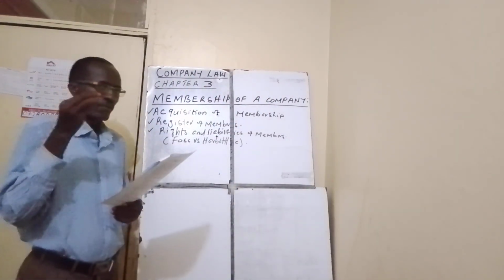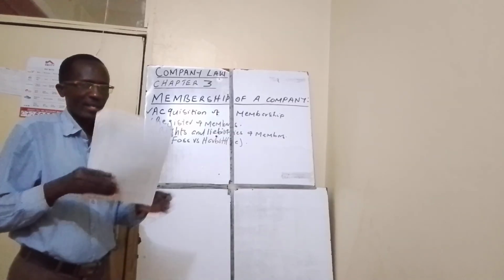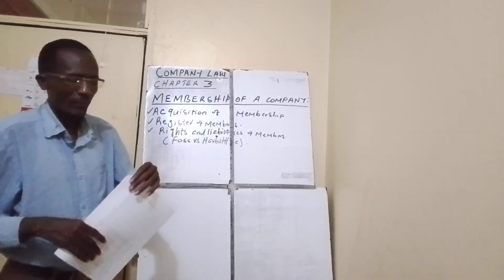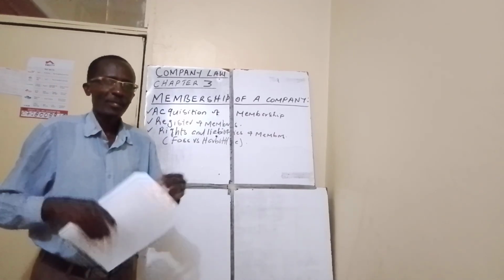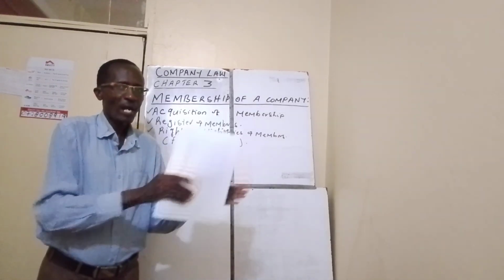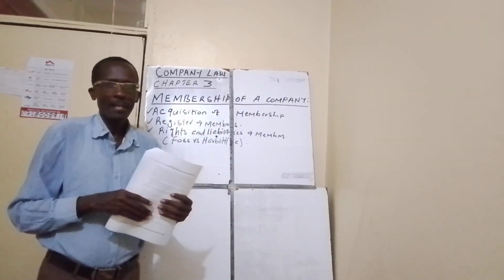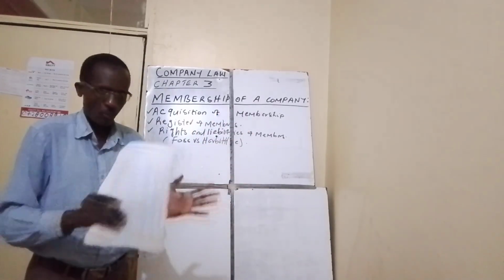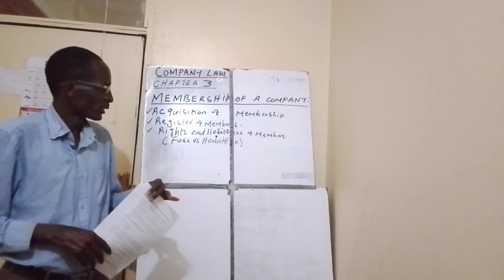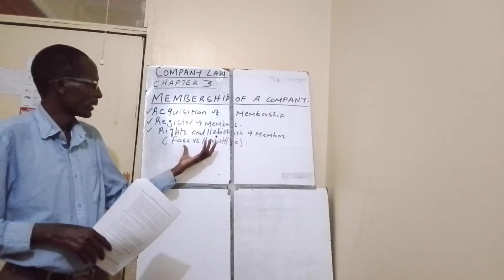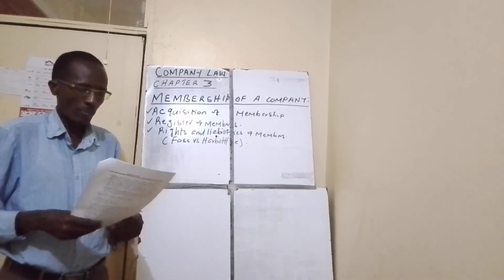Individual rights are the rights available to an individual member, and corporate rights are rights conferred on the members as a group, which is elaborated through the case study in Foss versus Harbottle.